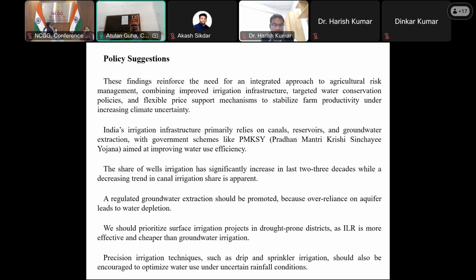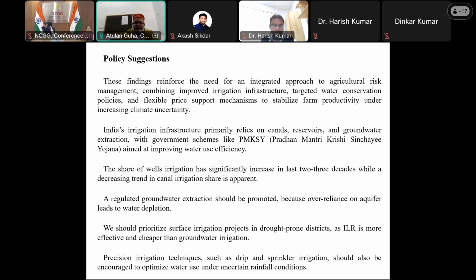So what are the policy suggestions coming out of this? These findings reinforce the need for an integrated approach to agricultural risk management, combining improved irrigation infrastructure, targeted water conservation policy, and flexible price support mechanisms to stabilize farm productivity under climatic uncertainty.